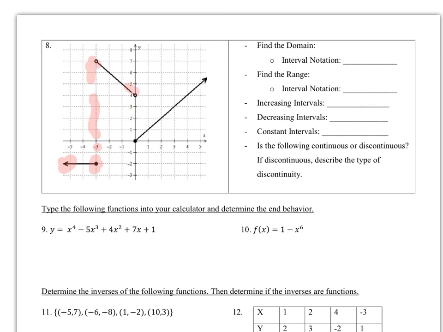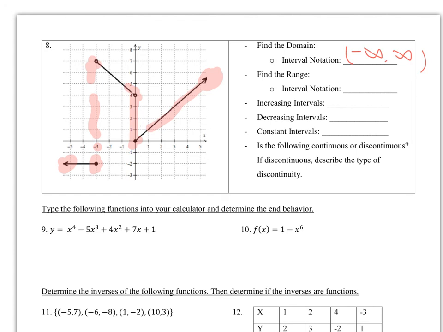And then I'm going to keep going, which is an arrow. So really my domain is negative infinity to infinity, because an open dot and a closed dot just make a closed dot. So that would just be a filled location for my domain.